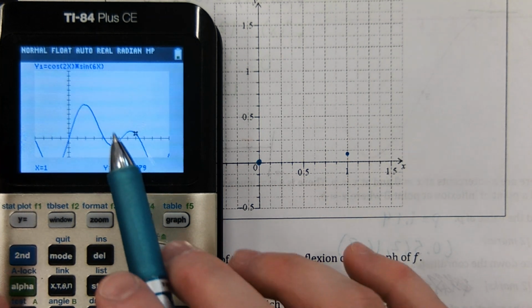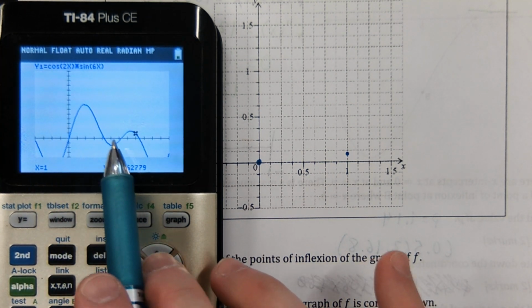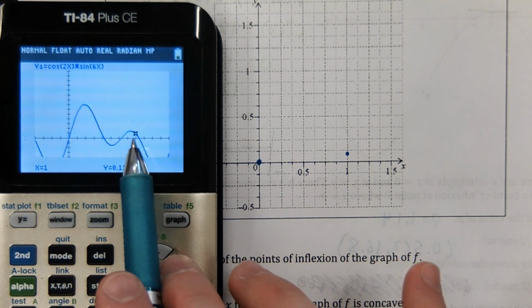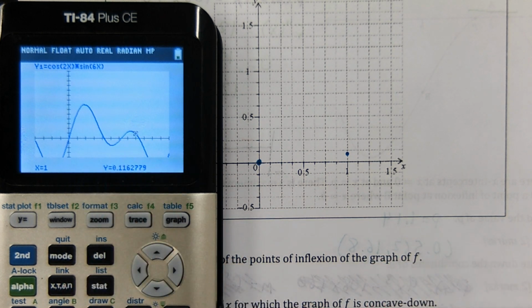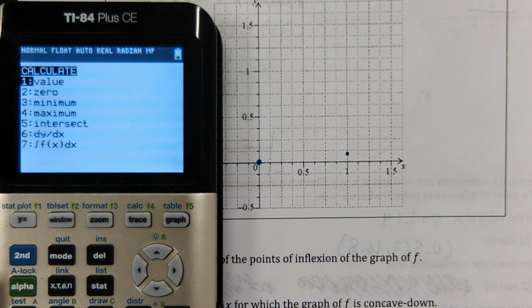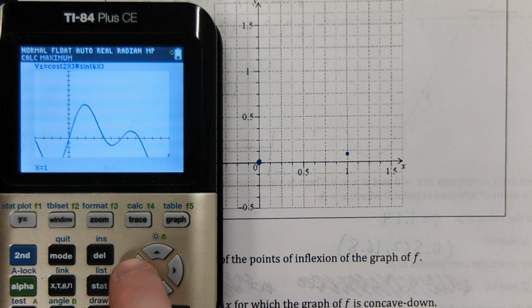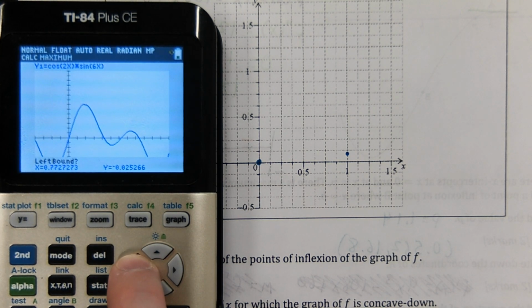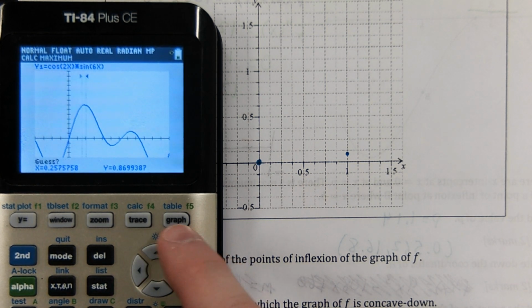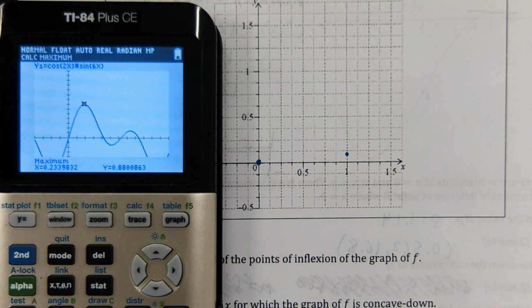I want to know where this maximum is. I want to know where that maximum is. I want to know where these two zeros are. So second trace max. Left, right, between.